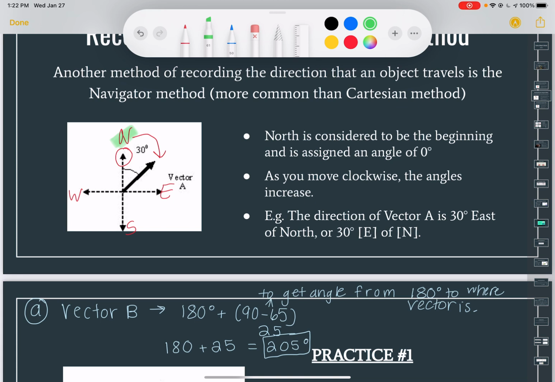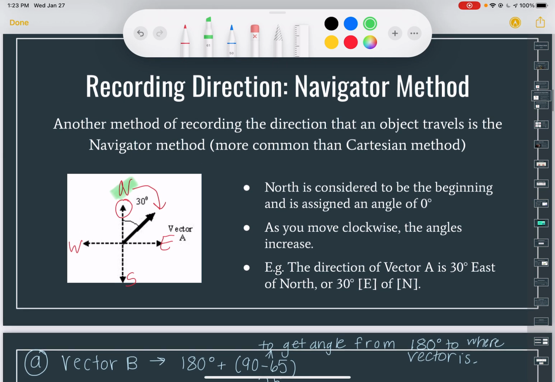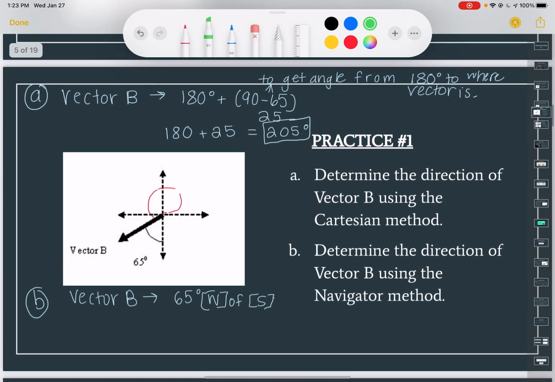If you were to measure that, it would be 30 degrees. So how we would say this in the navigator method is that vector A is 30 degrees east of north, or you could say it's 30 degrees E of N. Using the big E, big N in those square brackets is how we abbreviate those types of navigation or directions.